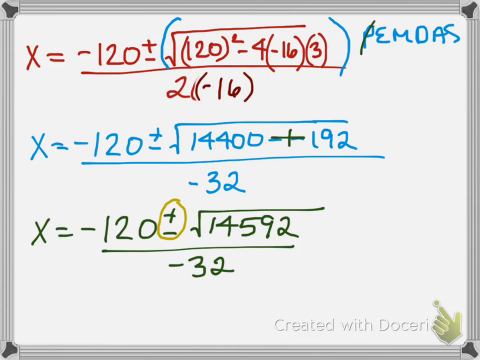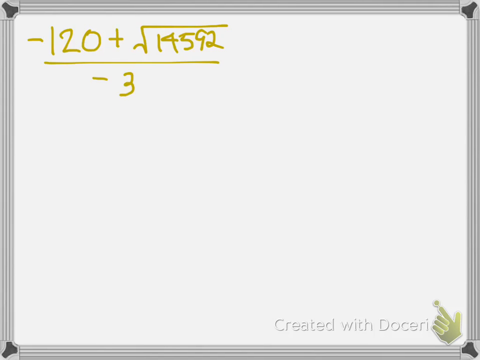So, what does that look like? Well, if I have my plus sign, then my equation would be negative 120 plus the square root of 14,592 divided by negative 32. And that would be what x equals.